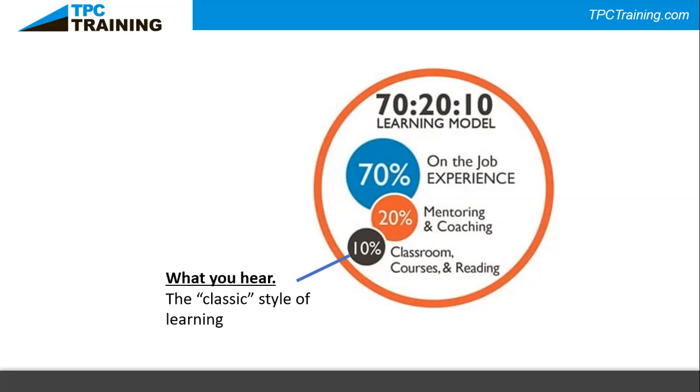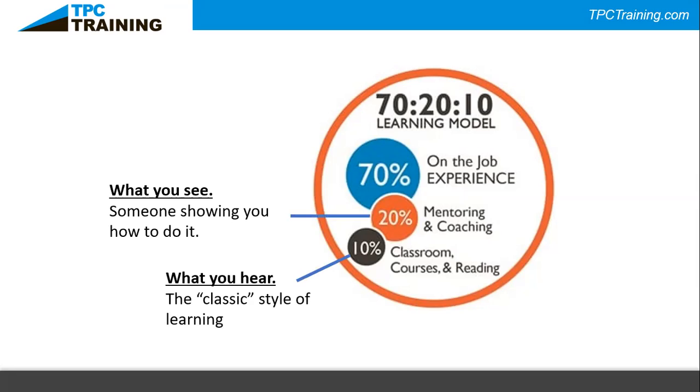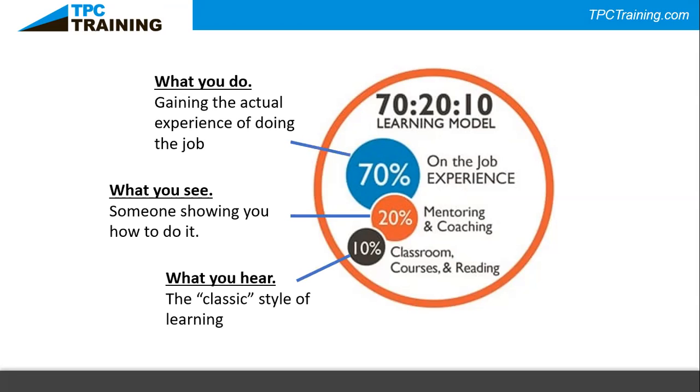Then when you're mentored and coached one-on-one, someone showing you how to do it and you observe, that's really the next 20%. And then you do the math, the next 70% of our learning really happens by us doing the job, being able to gain that actual hands-on experience. And that's really where on-the-job training is. It's in that 70% and also part of that other 20% where you're mentored and coached by a trusted mentor.